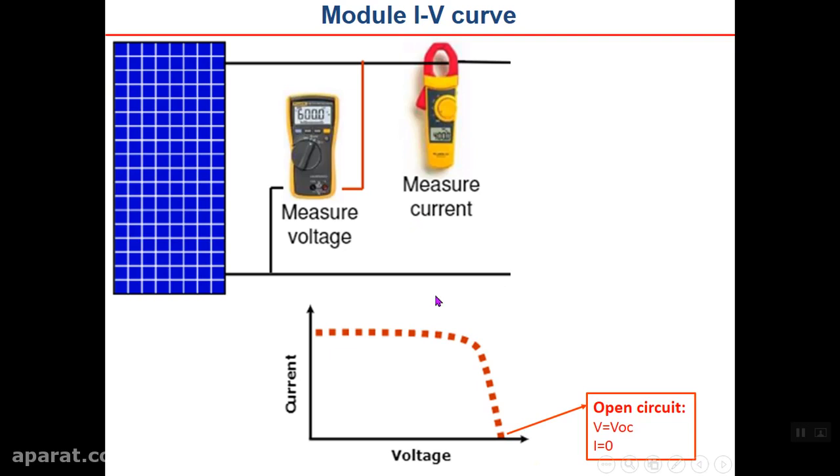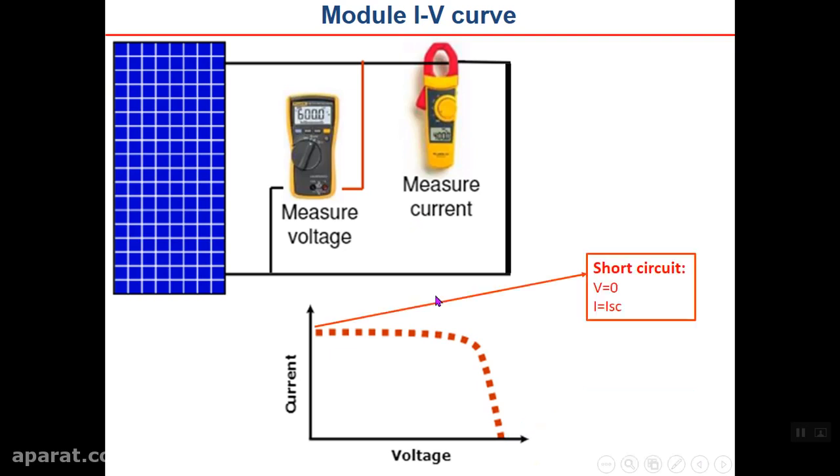To find the intersection of the curve with the vertical axis, or current axis, the two sides of the panel are short-circuited, and in this case the current you read here is the maximum current, which is named the short-circuit current of the module.